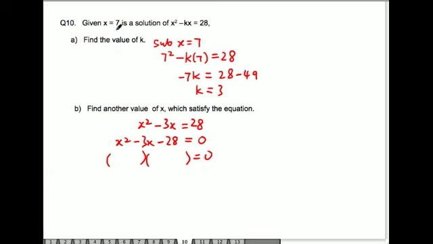We already have the solution x equals 7, meaning that x minus 7 must be one of the factors, because when x minus 7 equals 0, x equals 7. Thus, the other factor must be x plus 4.